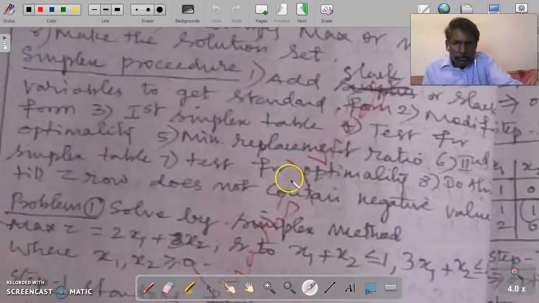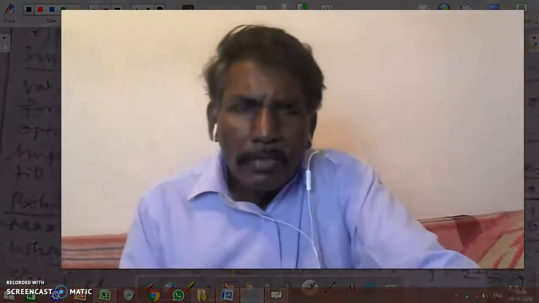Now the next step: test for optimality. Test for optimality means whether the steps have reached the minimization or maximization. That is called optimality.